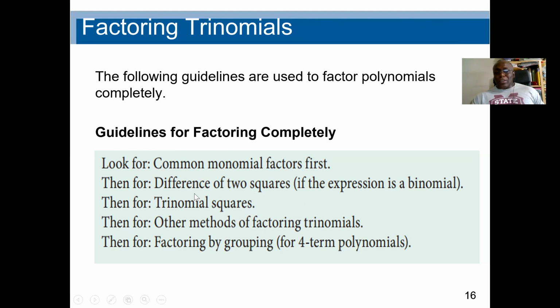So the guideline for factoring completely: always look for the common monomial factors first. Then the difference of two squares, if the expression is a binomial. Otherwise, if it's a trinomial, then we do our trinomial squares or other methods of factoring trinomials, also factoring by grouping. But always look for the common monomial factors first.